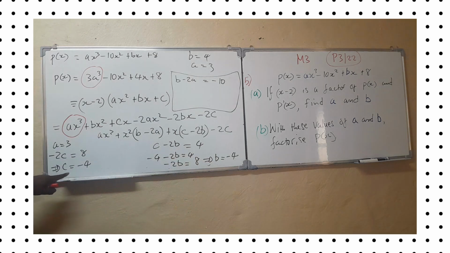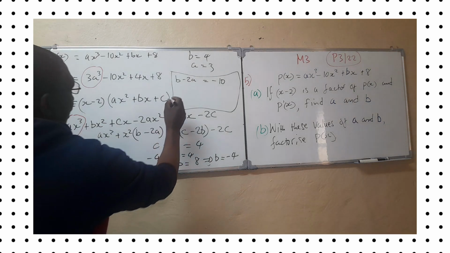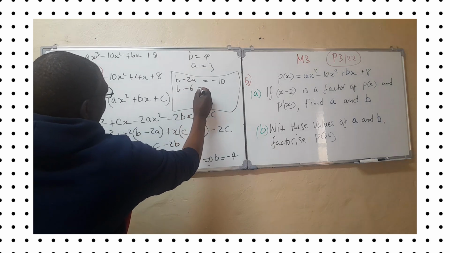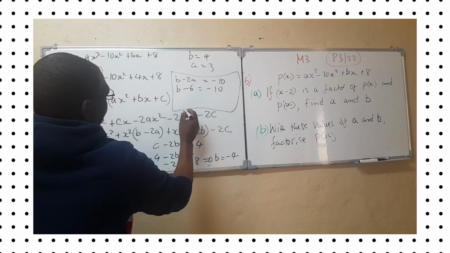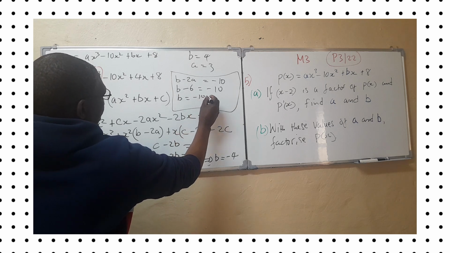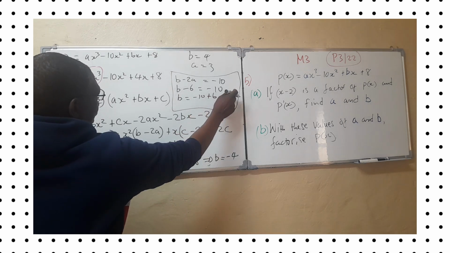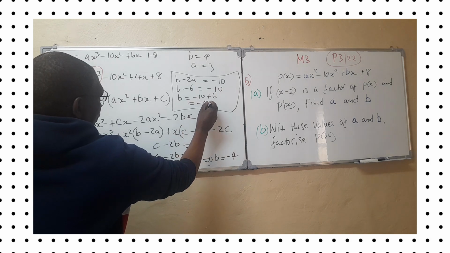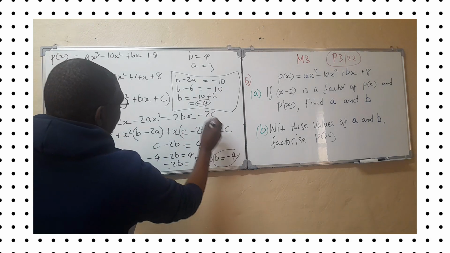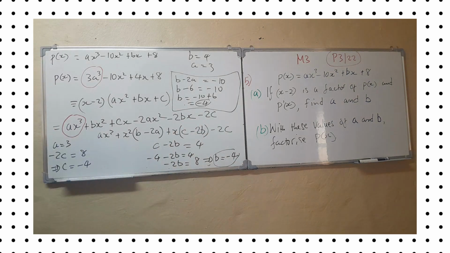But a, I have found it to be 3. So I can say b minus 6 is equal to minus 10, meaning b is equal to minus 10 plus 6, which is equal to minus 4. So it checks out. b is minus 4 there, b is minus 4 there. So my calculations are correct.